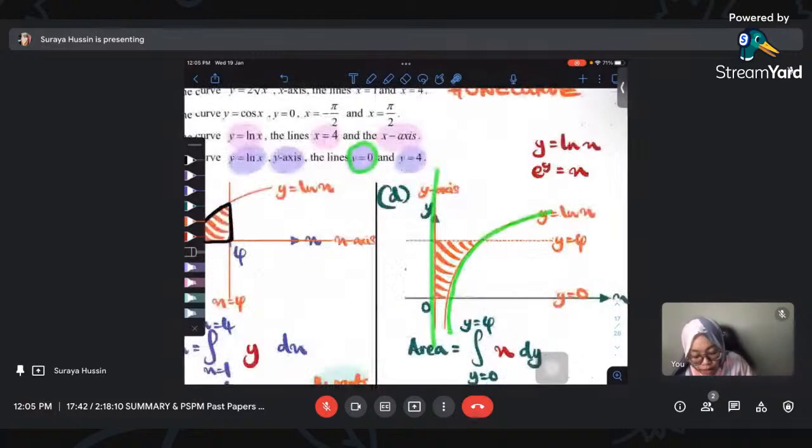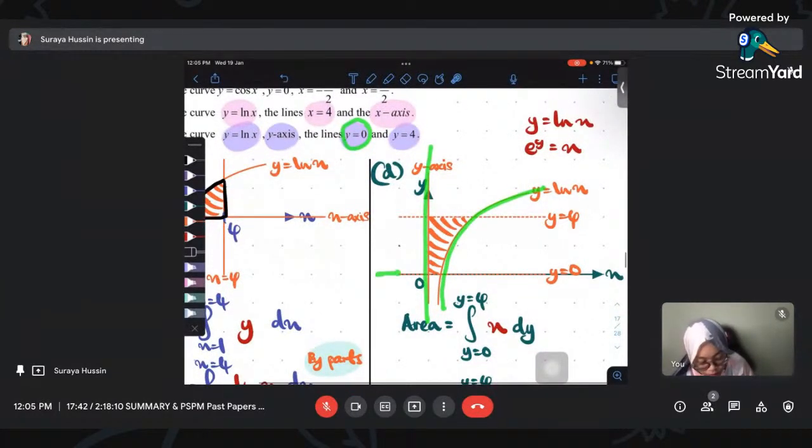Di manakah y equal to 0? Y equal to 0 is over here. Where is y equals to 4? Y equals to 4 is over here. So, di manakah region yang tertutup? Area yang tertutup di mana? Di dalam ini.